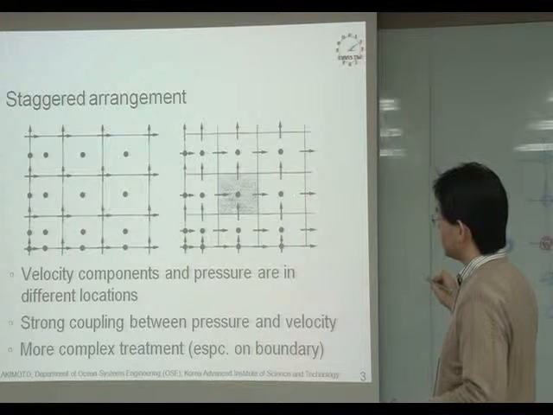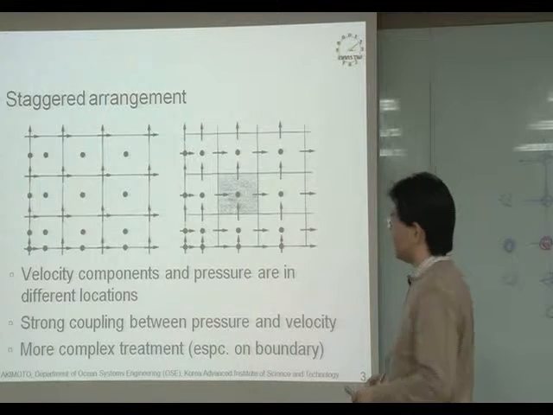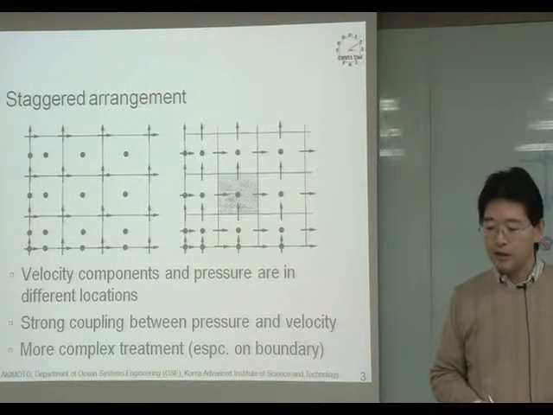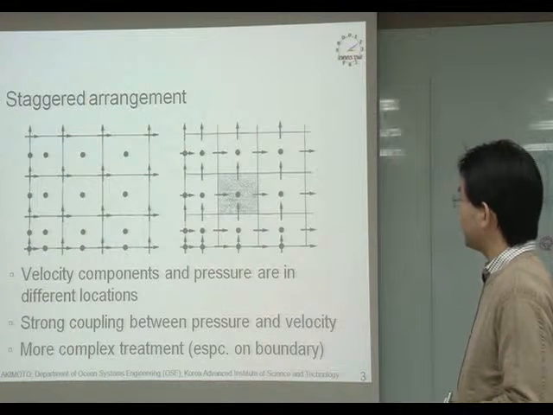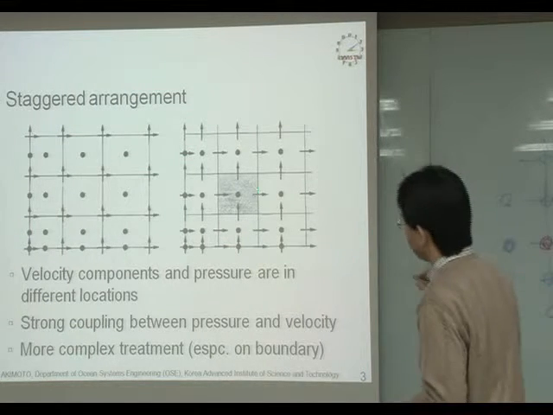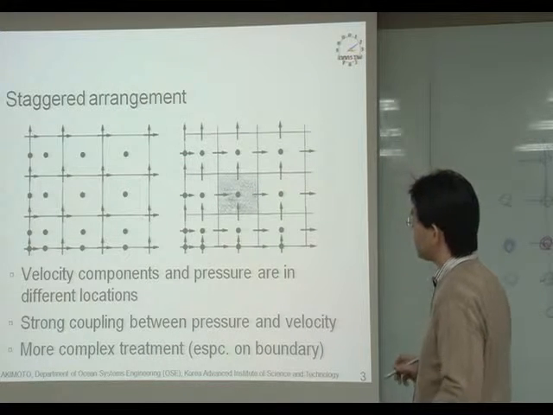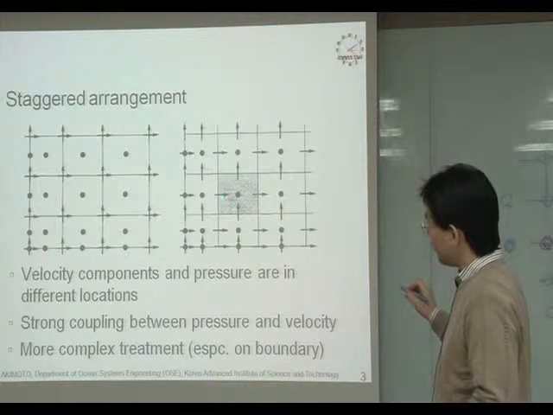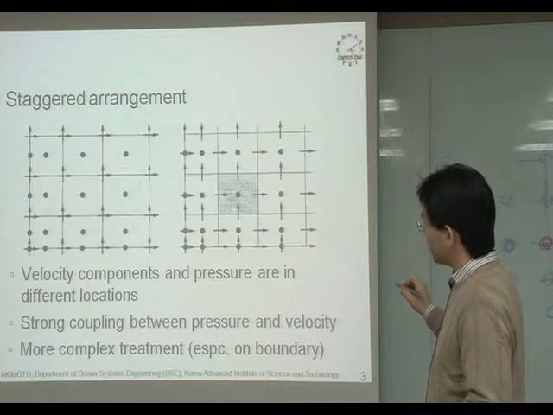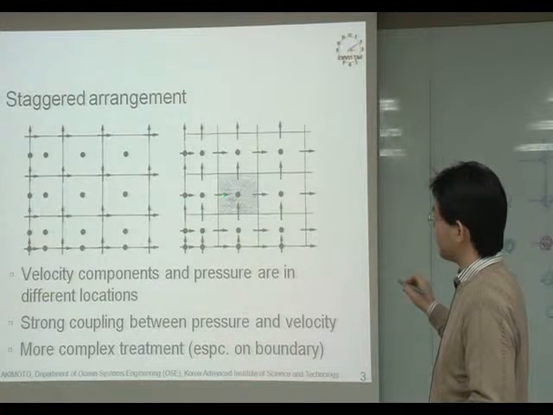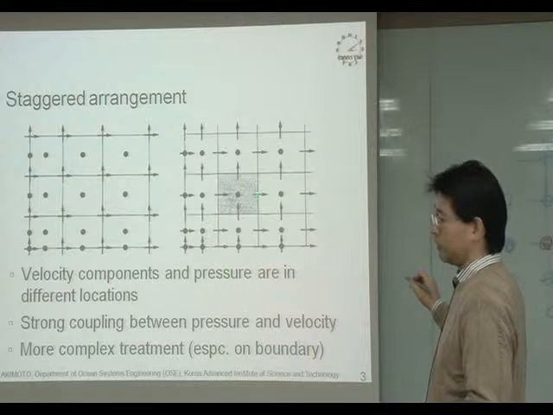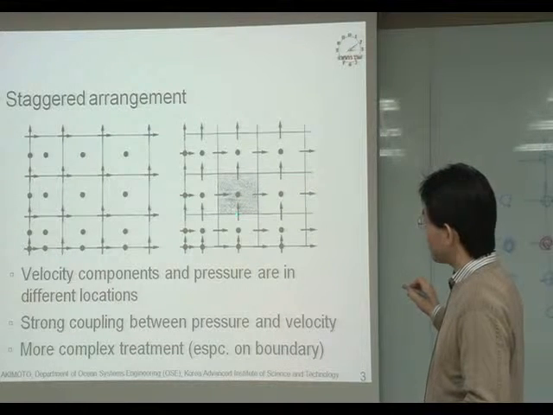The second sample is drawn in a finite volume mesh context. This is also the control volume, and in this case, the U component of velocity is defined here and here, and the V component is defined here and here.